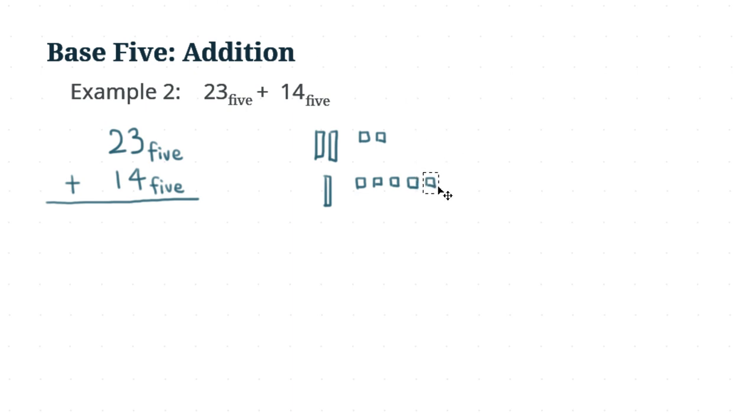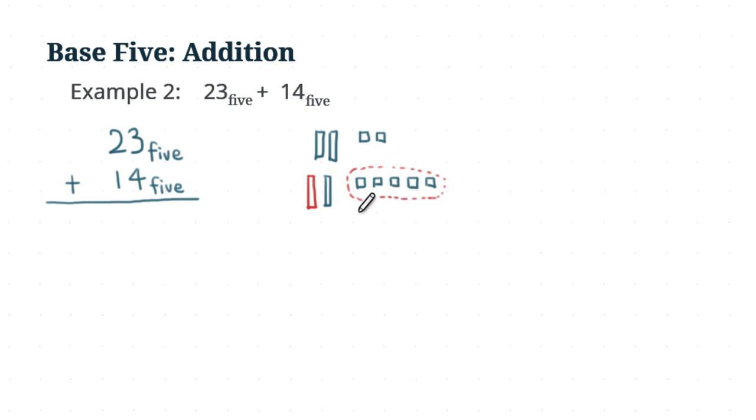And so we can put it here, right? And see what's going on here. We're going to trade them in for long. So let's do that. And so we are going to gain 1 long here. And then those are gone.